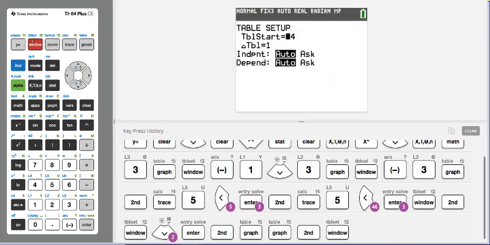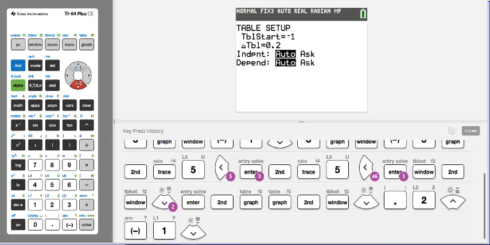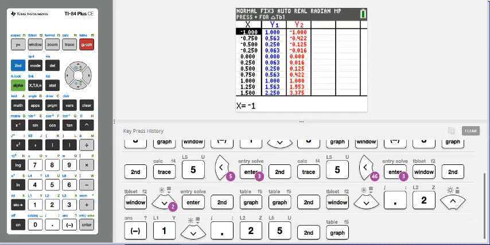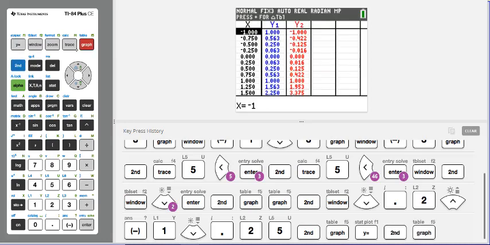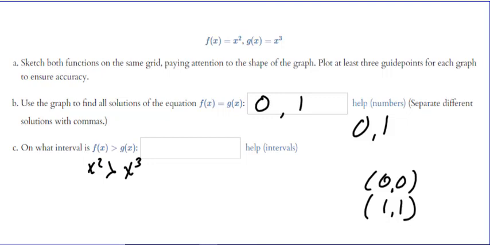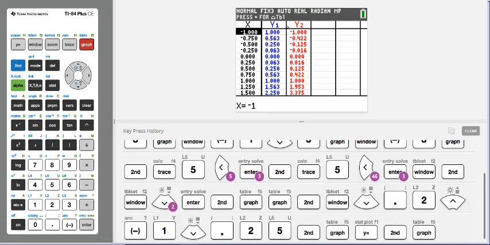Let's go second table set, and let's go 0.2, and let's start that at negative 1. Let's do 0.25. Okay, and then we're just going to hit the table, and we're going to see. Let's see, x squared is the y, right? And y1 is the blue. So let's look at the equation. We want to know where the blue is greater than the red. Blue's greater than red.